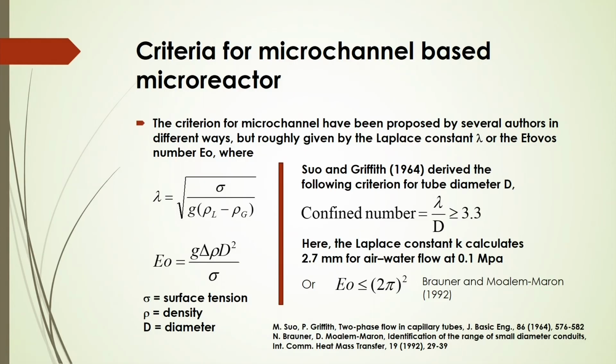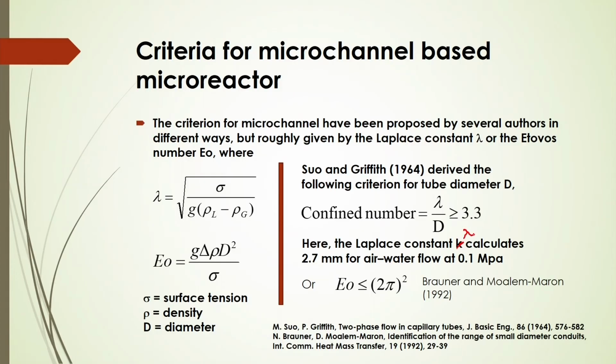So whenever you are going to consider a microchannel, lambda by d should always be greater than 3.3. For the Laplace constant here, it should be corrected: it is not k, it is lambda. Please correct it here, instead of k it will be lambda.